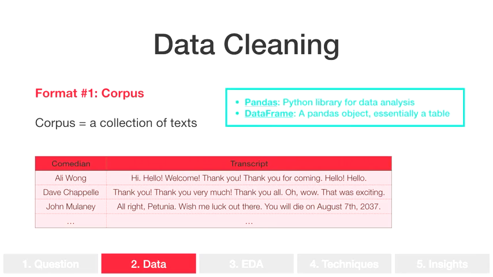And specifically in pandas, there's an object called a data frame. A data frame is essentially just a table. It looks like this. Every row of a data frame will have an ID, and every column of the data frame has the same data type. So we're going to be creating a pandas data frame to create this corpus for us. So that's the first format, very easy.